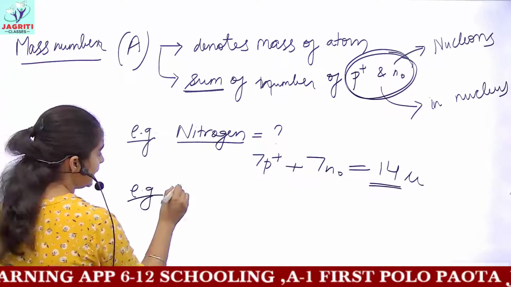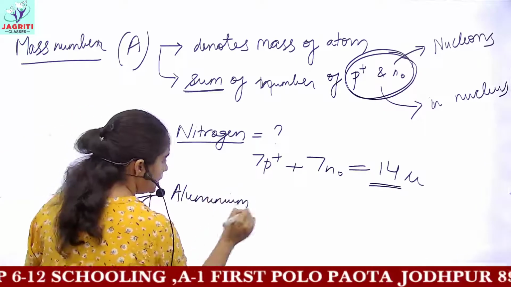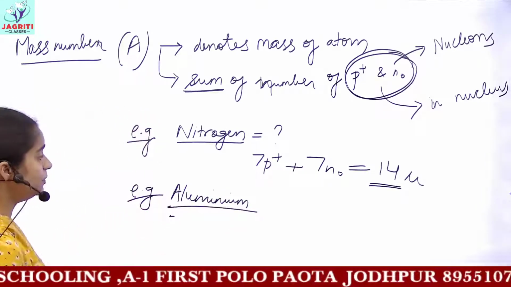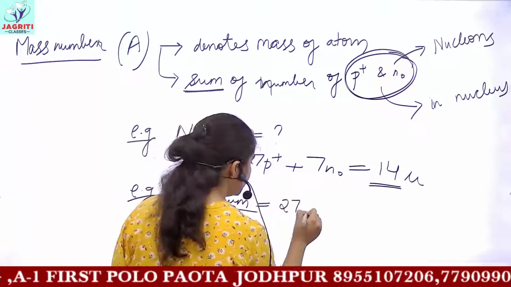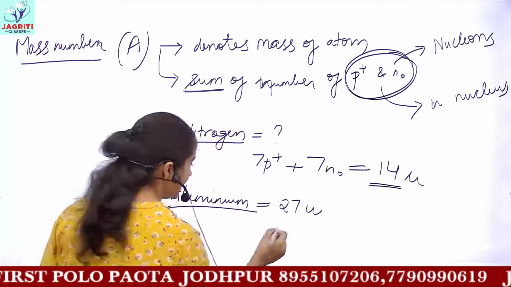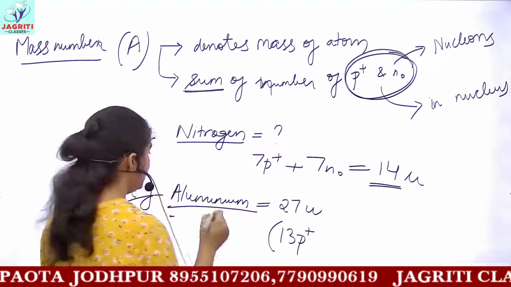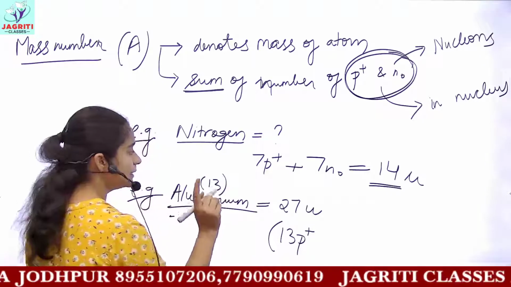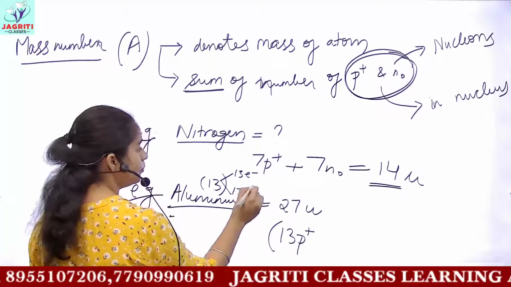Talking about our last example, which is aluminium. What is the mass of aluminium? When you calculate the mass of aluminium, you get it to be 27 units. Why? Because in aluminium, you have 13 protons. The atomic number of aluminium is 13, that is, it has 13 electrons and 13 protons.